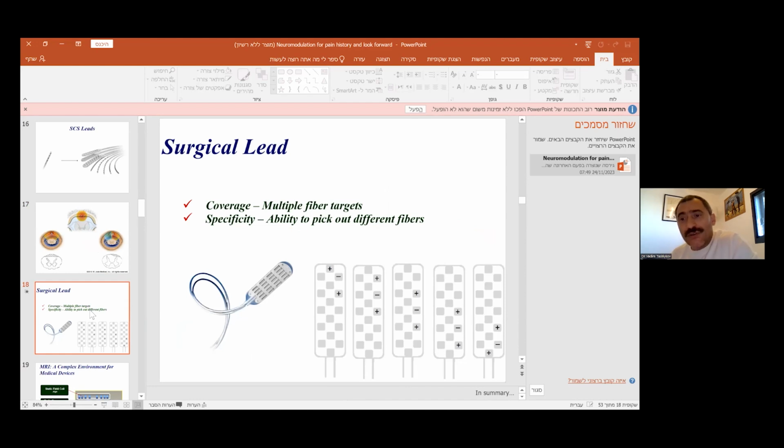With the modern wide surgical lead that we can put in, which consists of 32 or 50 contacts, we can make absolutely different electric fields on this electrode with different shape and different orientation of the electrical field, and make the stimulation very complicated, very precise and very specific for the patient.